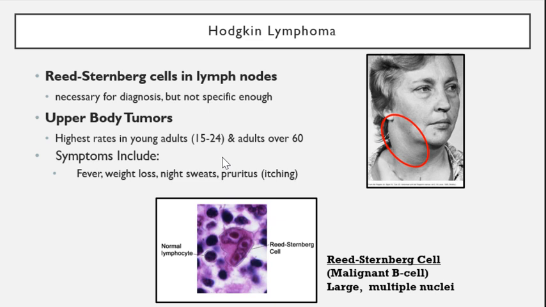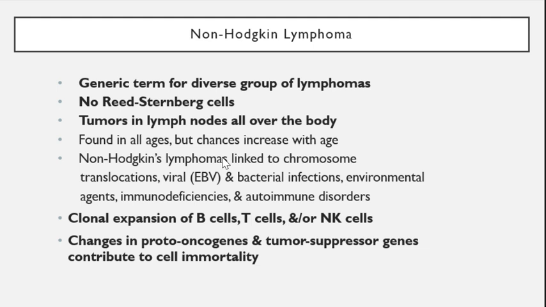But this is a cancer of those lymph nodes in your neck with your Hodgkin's lymphomas. And again, typical symptoms: fever, weight loss, night sweats, pruritus, which is just being itchy. So it's large and multiple nuclei in your Reed-Sternberg cells.